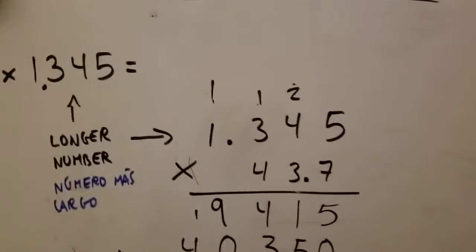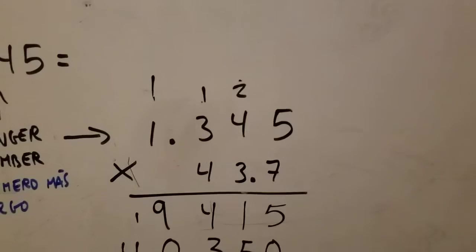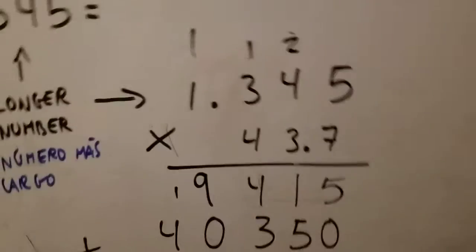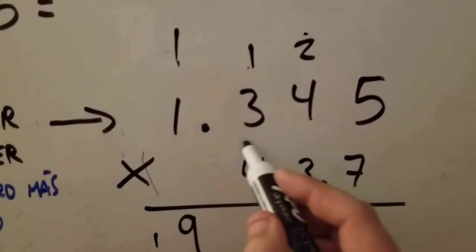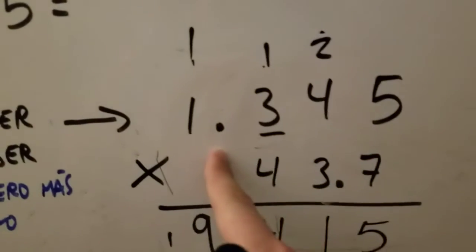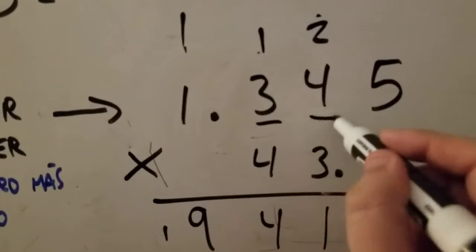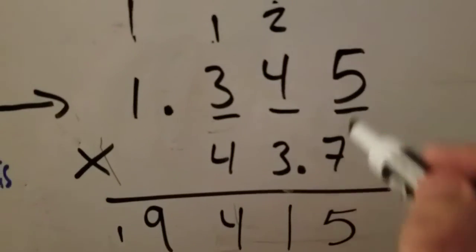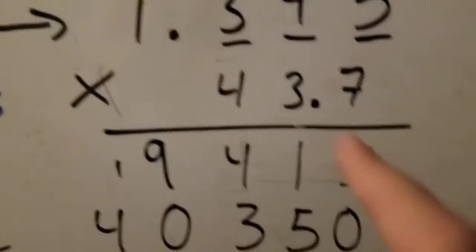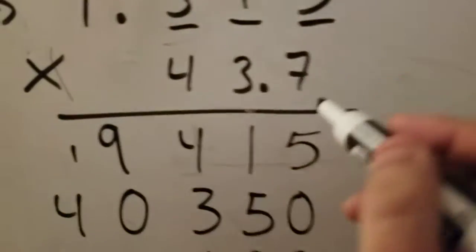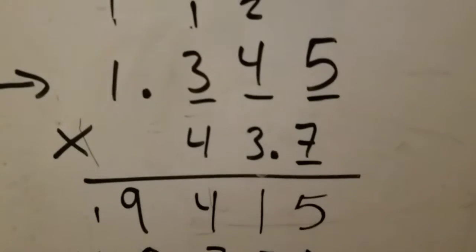When you multiply decimals, you need to count how many digits are after the decimal point. Look, this is one number after the decimal point. 2 numbers after the decimal point, 3 numbers after the decimal point. And in the second factor, you have a 4th number after the decimal point.